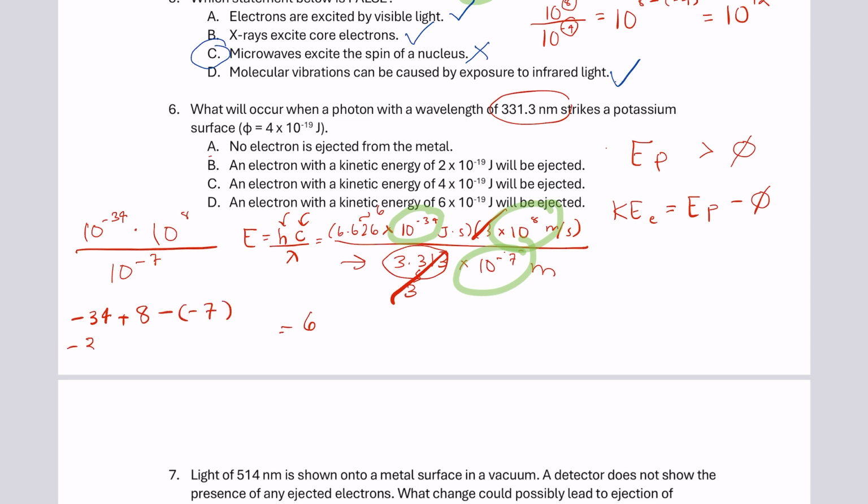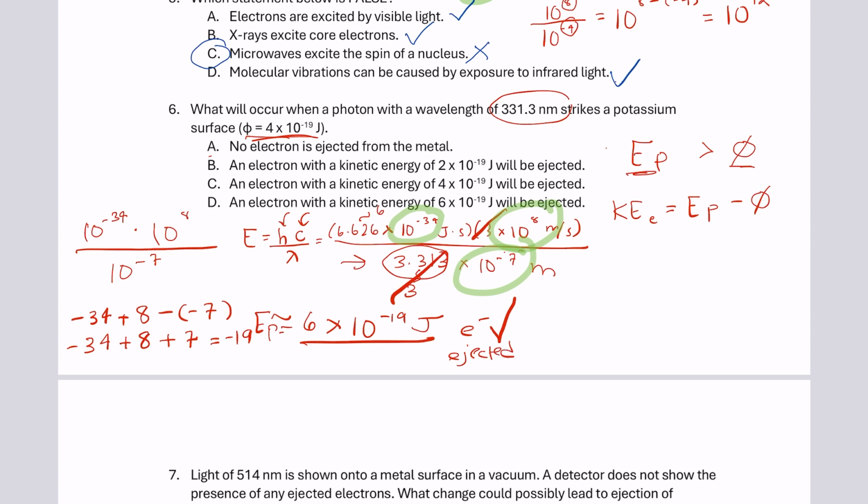This is essentially negative 34 plus 8 plus 7, and this gives us a value of negative 19. So the energy of our photon is approximately 6 times 10 to the minus 19 joules. Let's compare this value, the energy of the photon, to the work function. We notice that the energy of the photon is in fact greater than the work function. That means that electrons are in fact ejected.